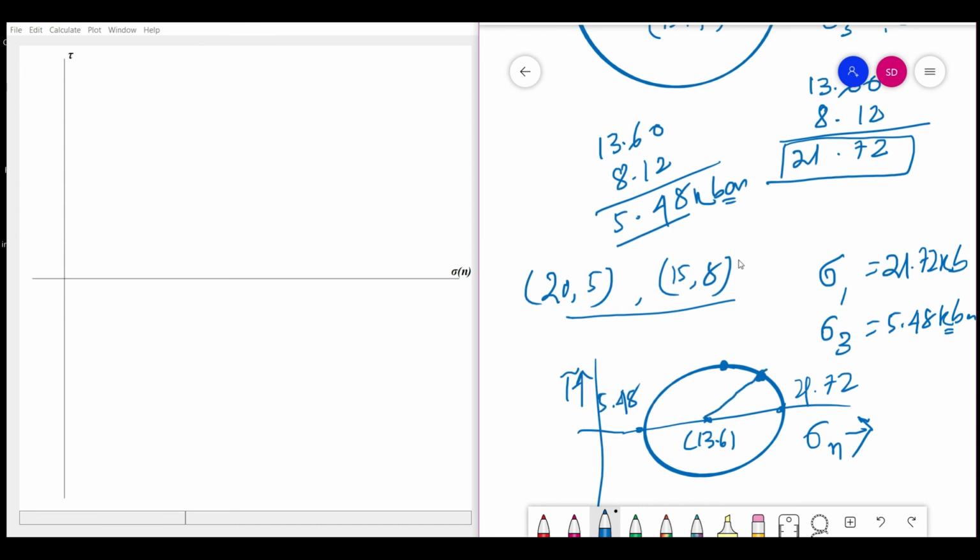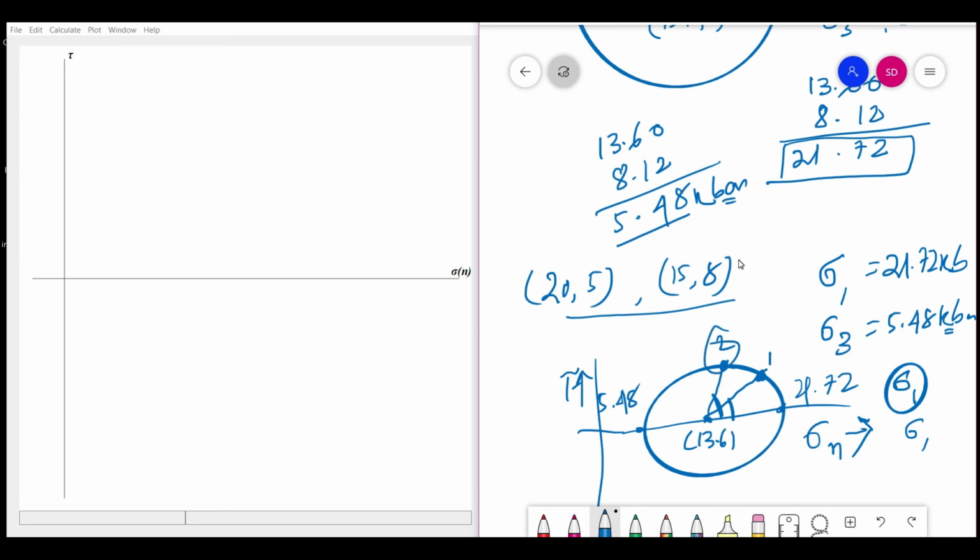We can also calculate the angle between a particular plane and sigma 1: if we calculate this angle and make it half, we get the angle that the plane makes with sigma 1. The same applies for plane number 2.